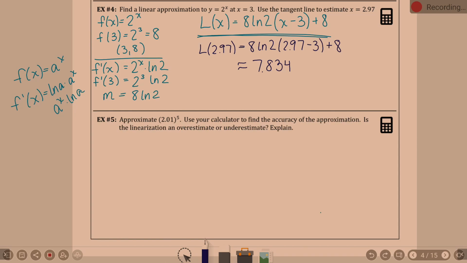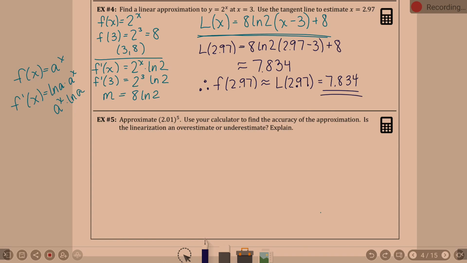So what I have this written as is therefore that f of 2.97 is approximately equal to the linear approximation of 2.97, which is that 7.834 that we just got.